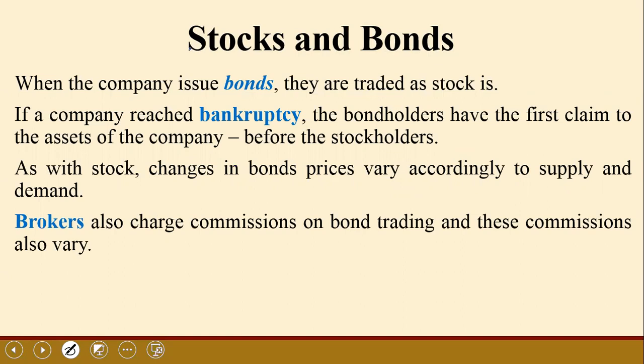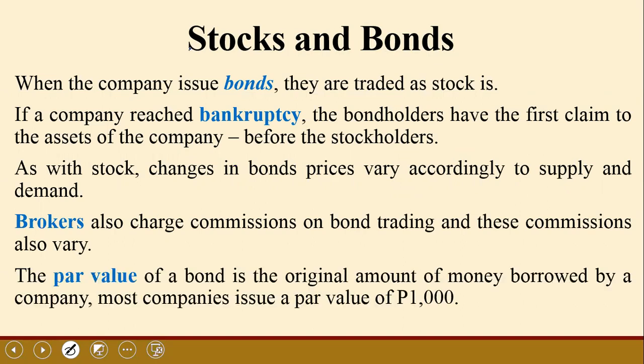So nakadepende. And we have the par value or face value of a bond, which is the original amount of money borrowed by a company. So most companies issue a par value of 1,000 pesos. So those are the basic concepts about stocks and bonds.